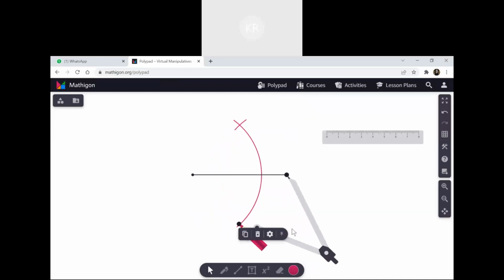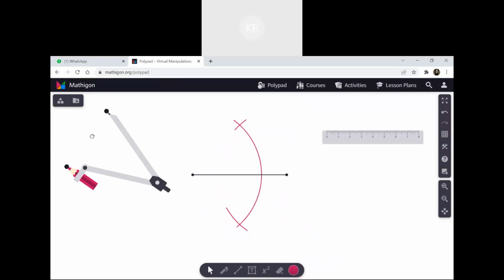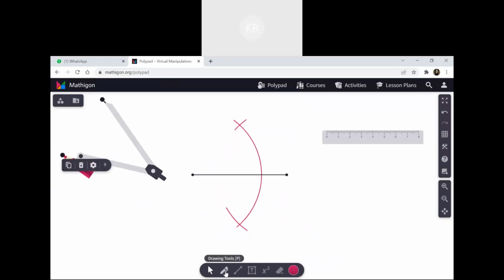I have cut the earlier arcs and I'll name these points C and D, and C and D we will join with the help of the ruler.